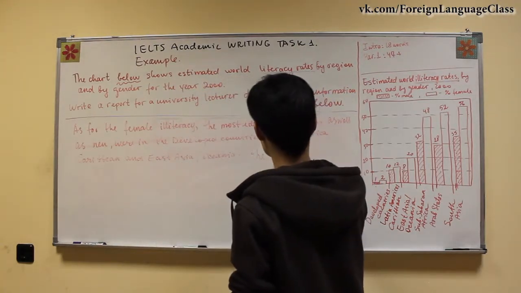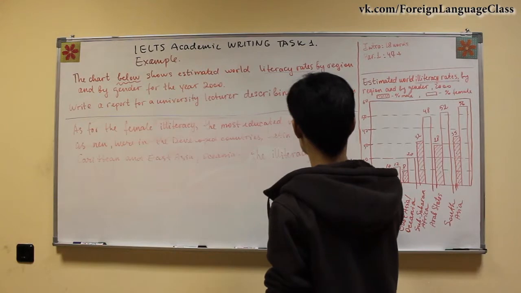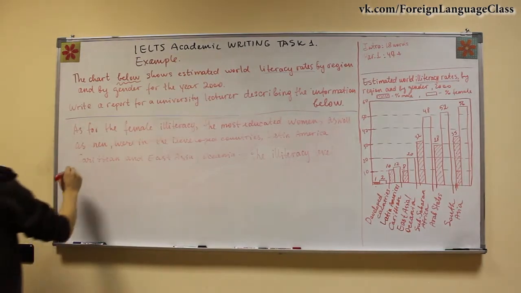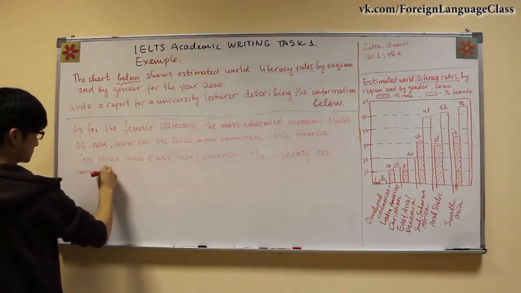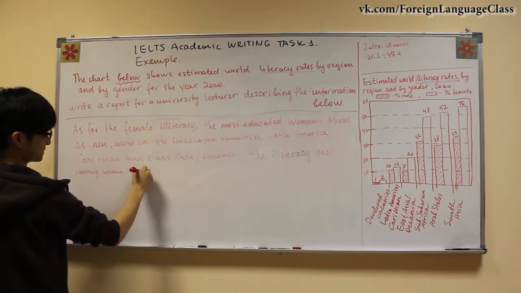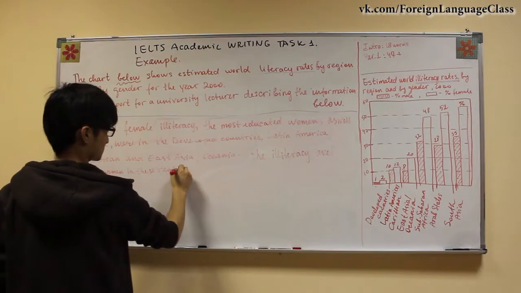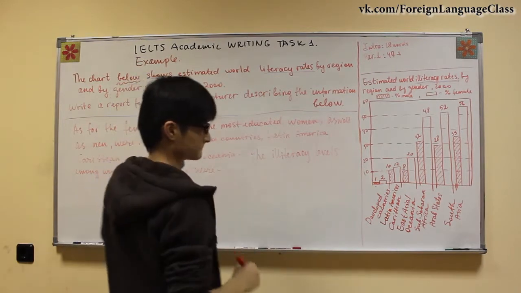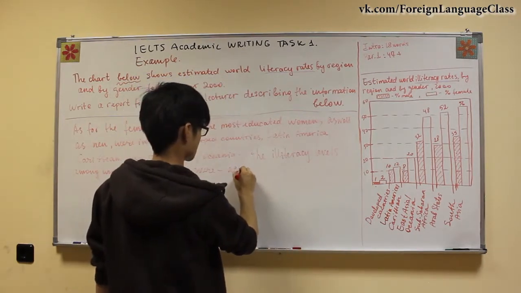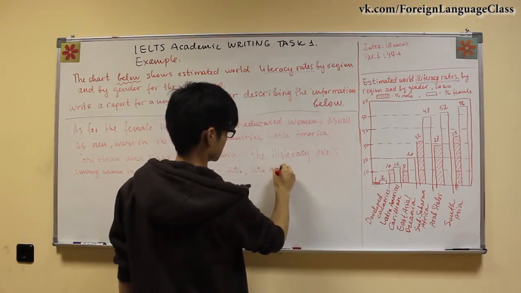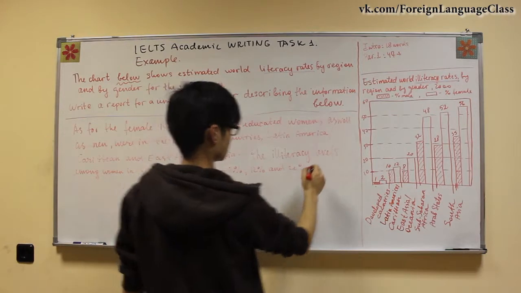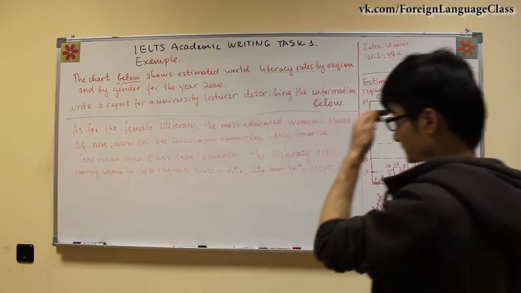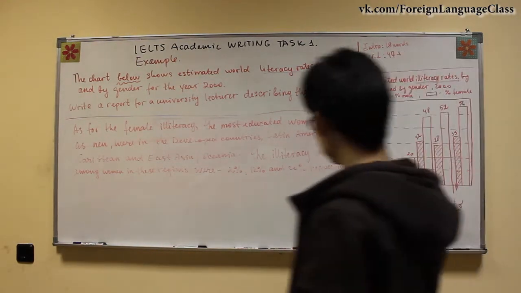The literacy level among women in these regions, the literacy levels were 2%, 12%, and 20%, respectively. Okay. Then the least educated women.